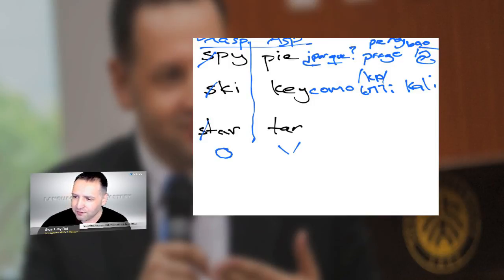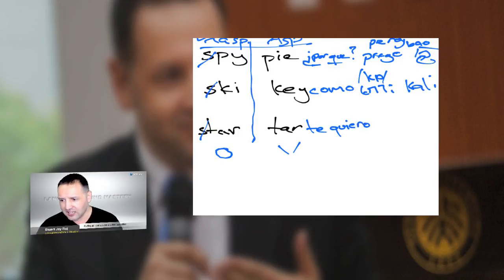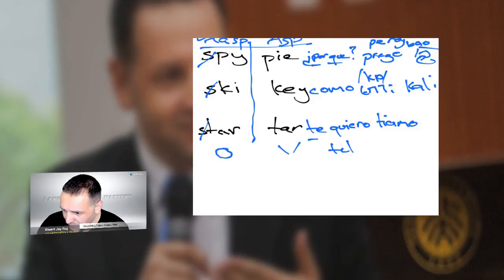And finally, we have the unaspirated T versus the aspirated. So ta, ta. For example, te quiero, I love you. Te quiero, te, te, te. It's not te quiero. Ti amo, ti amo. Okay, another unaspirated. All these are unaspirated. Tetapi, meaning but in Indonesian or Malay. Tetapi, tetapi.